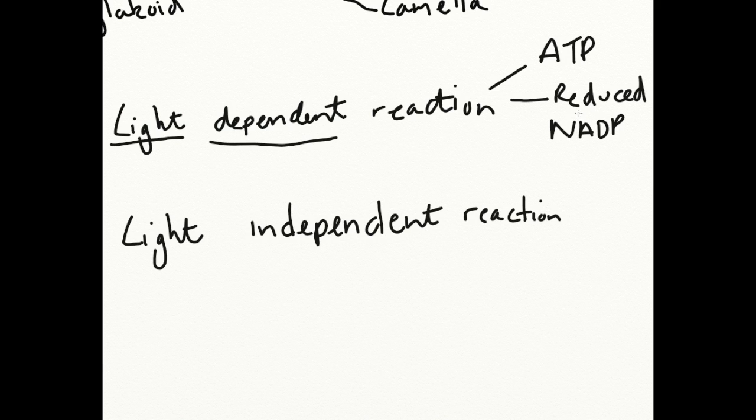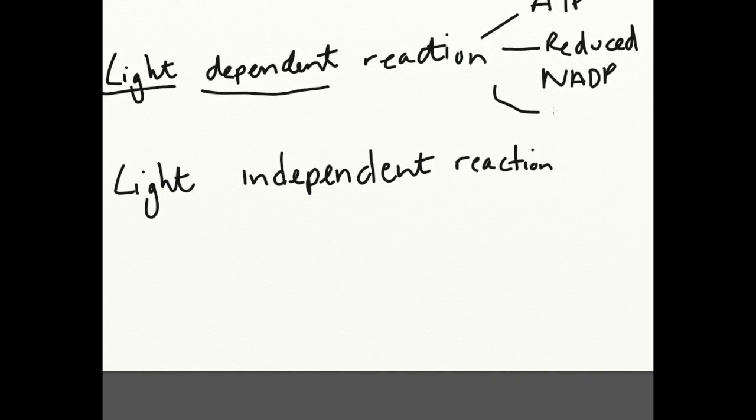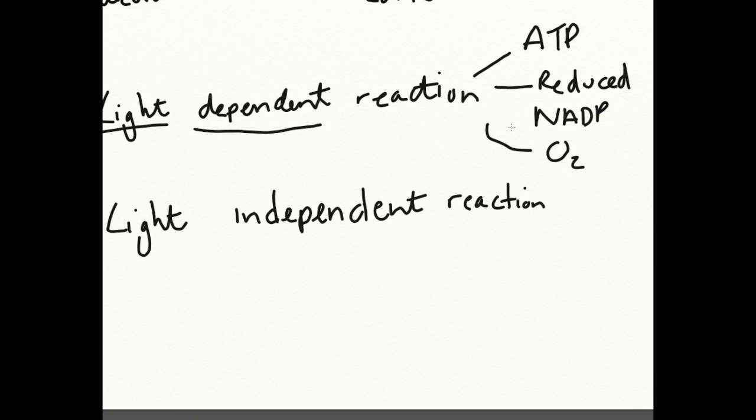Okay, so ATP will carry some energy, reduced NADP will carry some ions, and it also produces the oxygen. This is all the area where light is required.